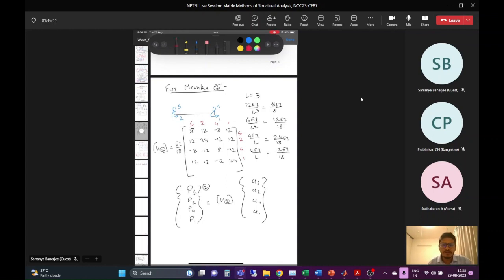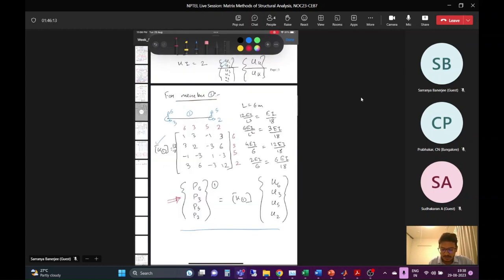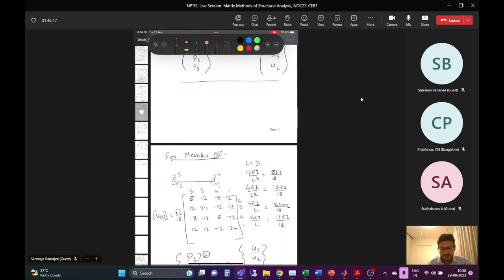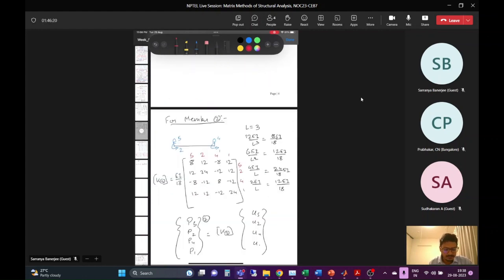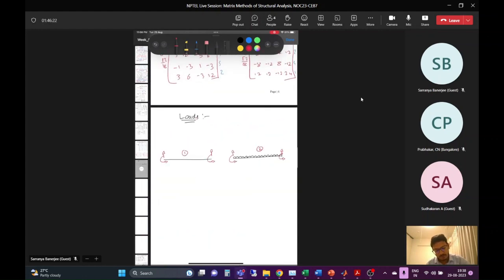So what we do is we copy these two pictures: the first picture of member 1 with the degrees of freedom, the second picture of member 2 with the degrees of freedom. We copy these two pictures and write the forces that we have used in the equation. What forces have we used?